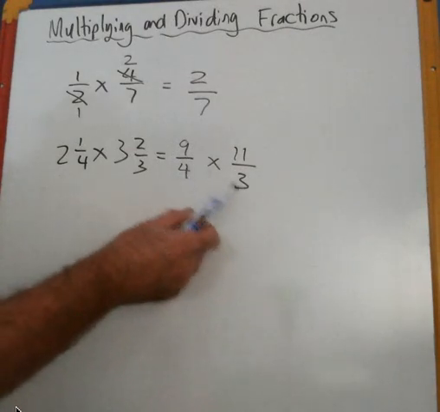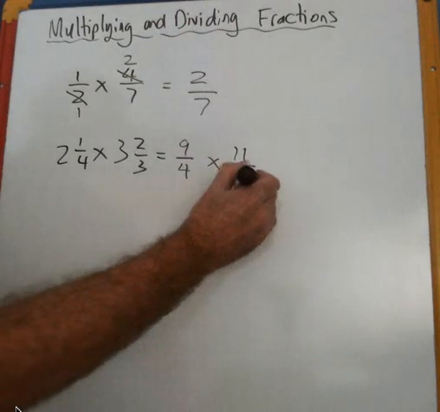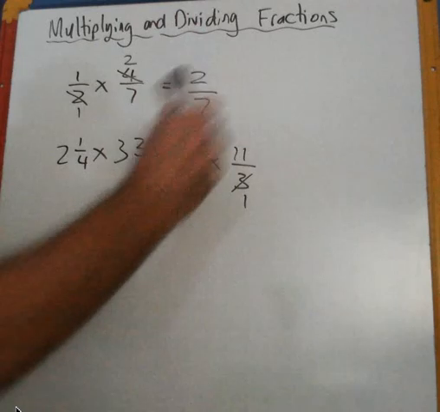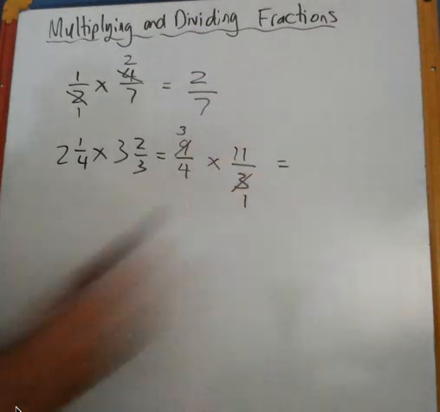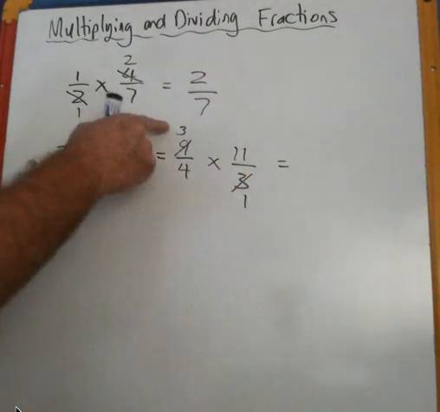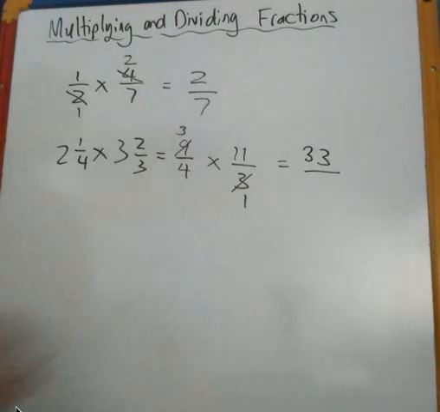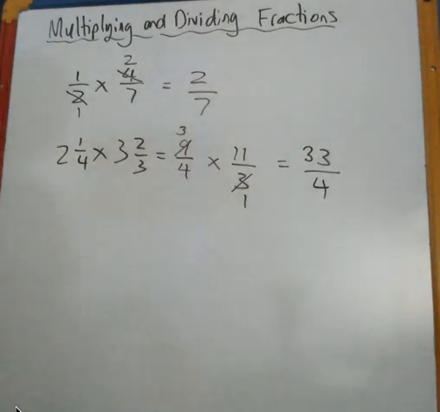And you'll notice that 3 and 9 are in the same times table. So 3 divided by 3 is 1, 9 divided by 3 is 3. There's no other cancelling we can do. So top times top, 3 times 11 is 33. Bottom times bottom, 4 times 1 is 4.